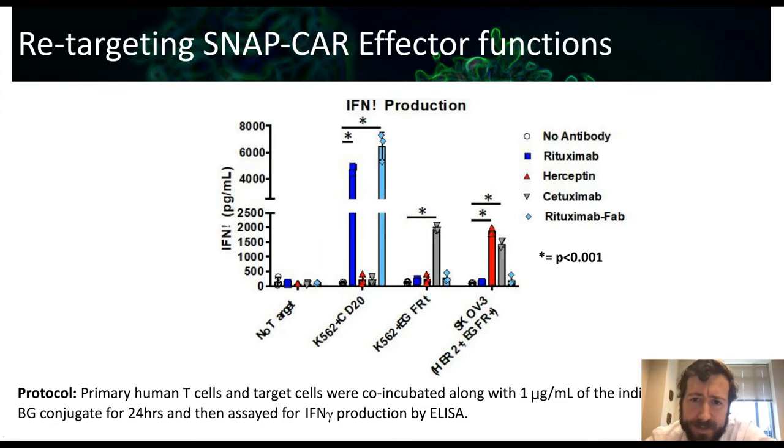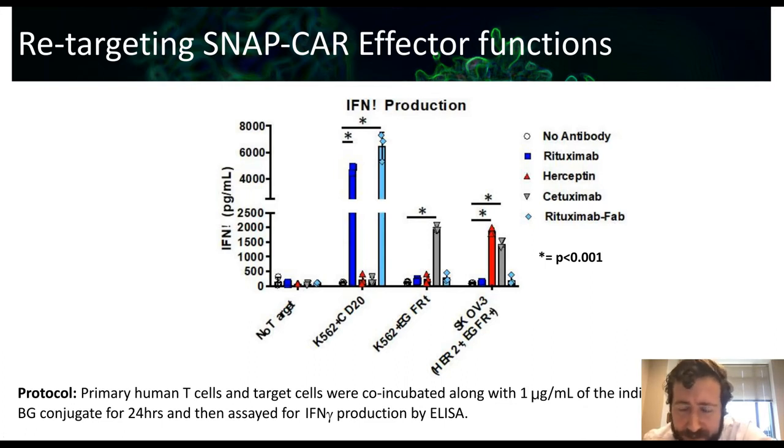And so next we wanted to see, can we use these SNAP-CAR T cells and different anti-tumor antibodies labeled with the benzylguanine to retarget CAR T cell activity against different cancer cell lines, plus and minus these different tumor antigens.